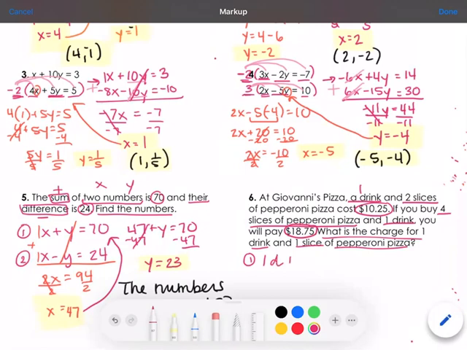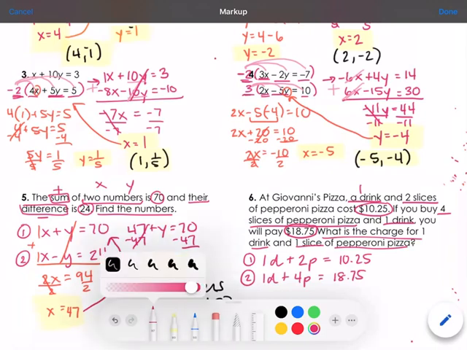So 1 drink plus 2 pieces of pizza equals $10.25. That was the cost. And the second person, they also got 1 drink, but they got 4 pieces of pizza, and they spent $18.75, which makes sense. They got more pizza, so they spent more money.